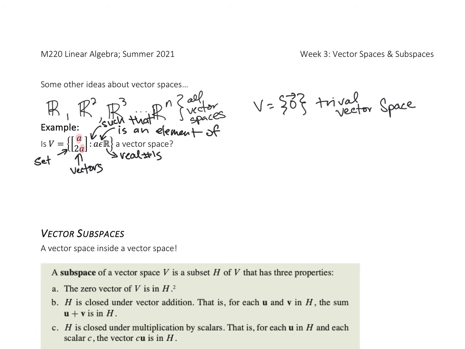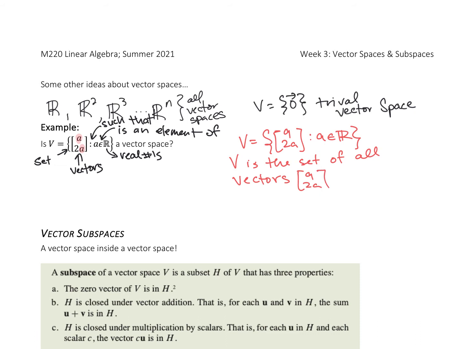This statement says that V is the set of all vectors (a, 2a) such that a is a real number. That's what that means. So it's all the possible vectors that could ever happen there.